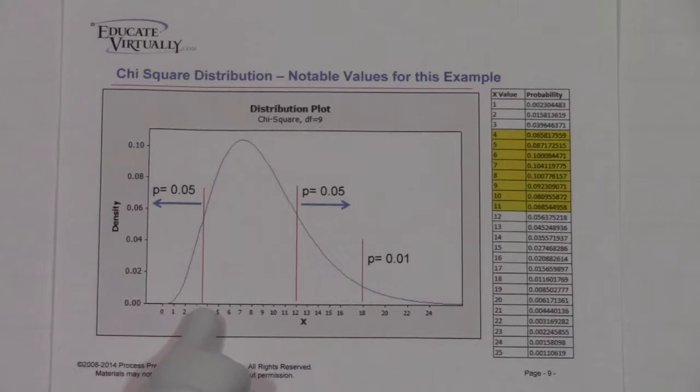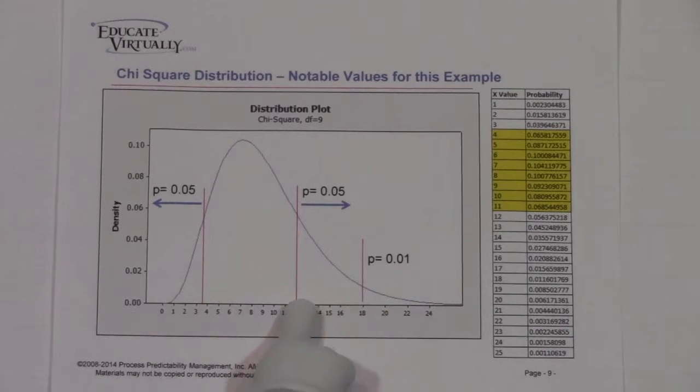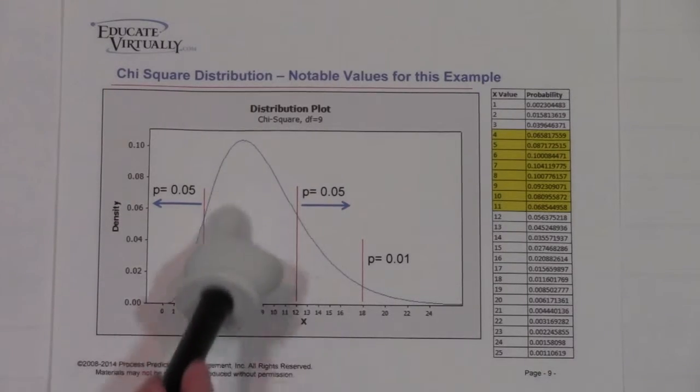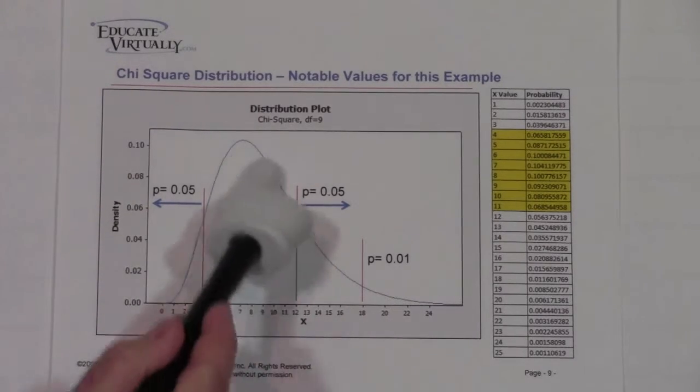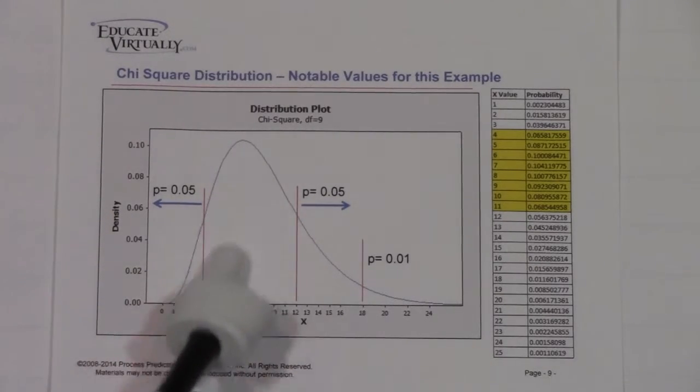So if we have sales that are 3.5 units per week or less, then we know that that is significantly different than anything taking place in here. If we have sales of 12 units, which is a p-value of 0.05 or less, then we know that that is different than the pack. So in here, in this 3.5 to 12 range, that's kind of what's normally expected to take place, and my expectations are that my sales would be in here.